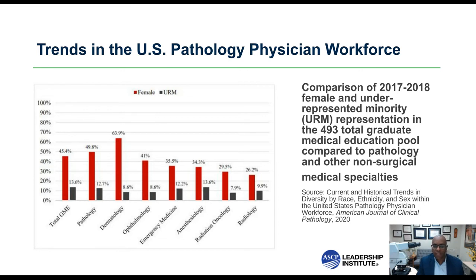So I think this data provides concrete evidence of the sustained underrepresentation of minorities in the field of pathology. And recognizing these disparities should invite all of us to examine how implicit biases may be contributing to this underrepresentation, whether it's from recruitment all the way to retention.